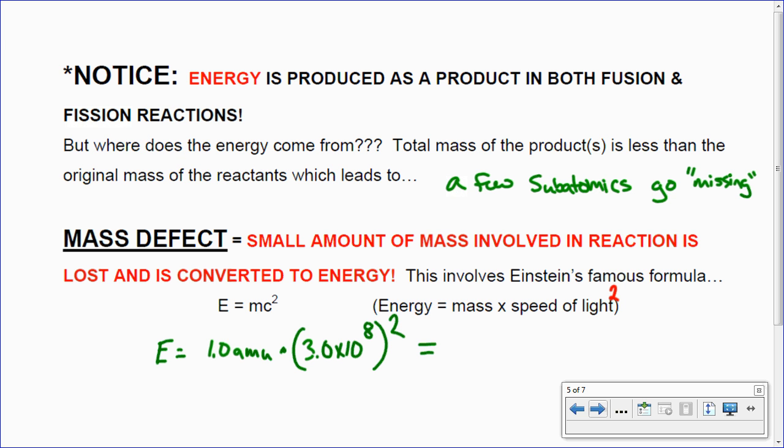If I did this mathematics on my calculator, I hope it doesn't go into a stack overflow and die. 3.0 raised to the power of 8, squared. This is going to equal some astronomically huge number. And this is one proton. 4, 3, 0, 4, 6, 7, 2, 1. That's one, like, microjoules or something like that. That's one AMU got turned into that many units of energy.